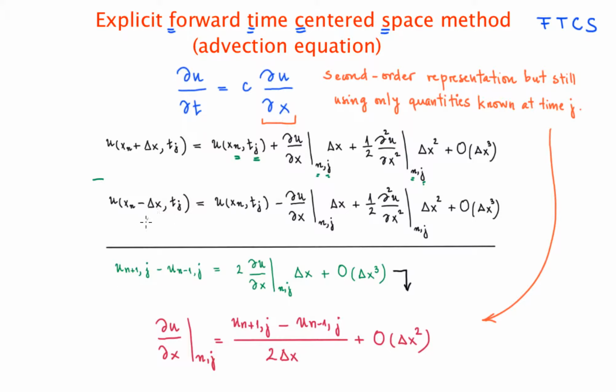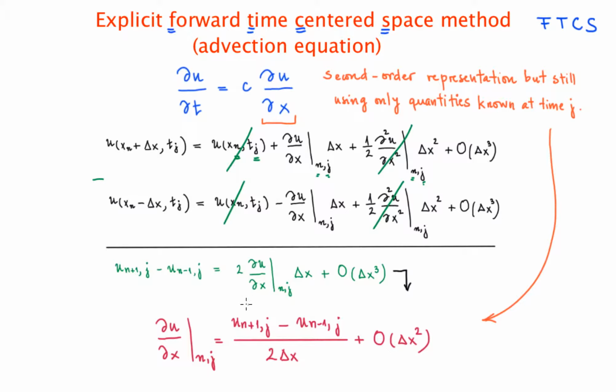Then you have this one minus this one, so u evaluated at n plus 1 at time j minus u evaluated at n minus 1 at time j is equal to 2 times the partial derivative of u with respect to x evaluated at point n j times delta x, because these two terms cancel each other when you subtract one from the other. This other term also disappears, so that the order of the remaining term goes as delta x to the cube.